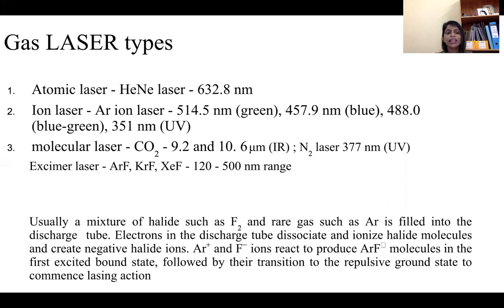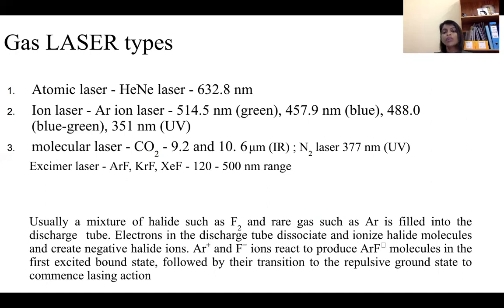It is filled inside the discharge tube, and then electrons in the discharge tube dissociate and ionize halide molecules and create negative halide ions and positive rare gas ions. And then what happens? Argon is positive, fluoride, or the halide, is negative. The rare gas, when ionized, is positive.